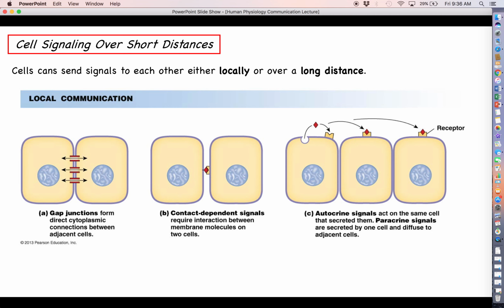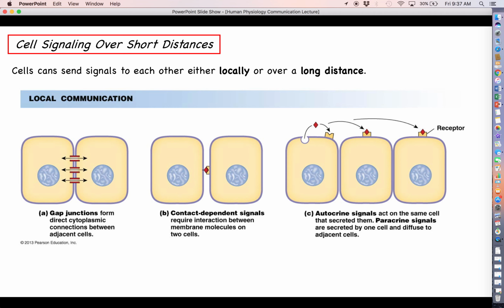Short distance communication is limited by how close you are to the person you are trying to communicate with. The same applies for cells. Short distance communication in the body will require that the cell sending the message be located very close by to the cell receiving the message.